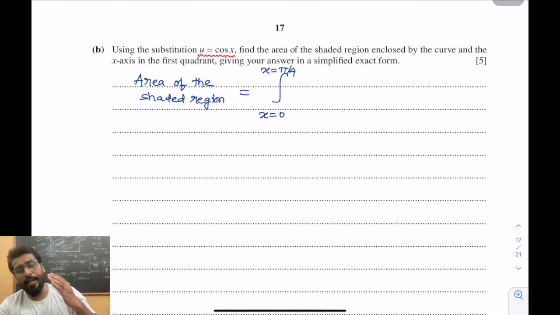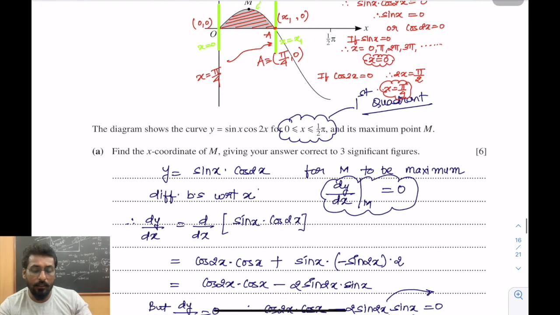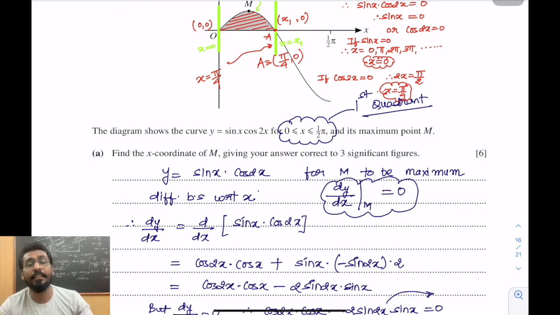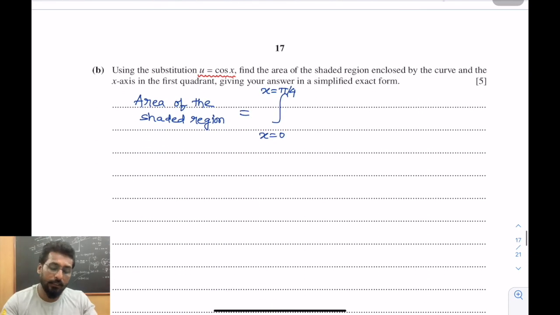And you want to find the area under what curve? The equation of the curve is what? It's sin x times cos 2x and dx, right, students?